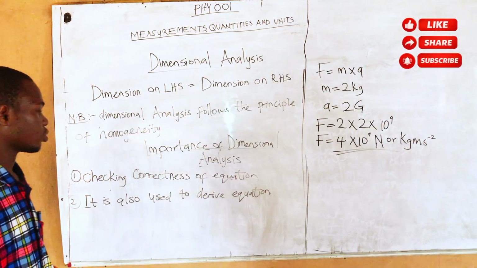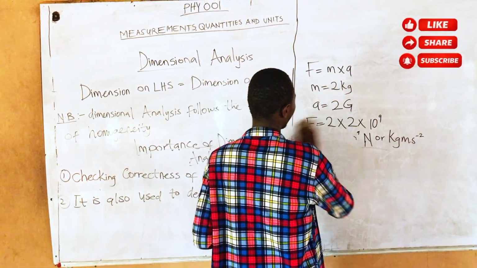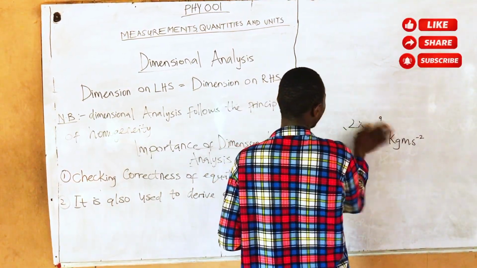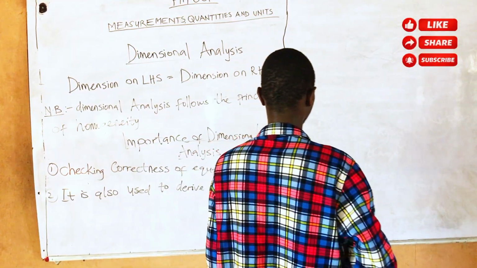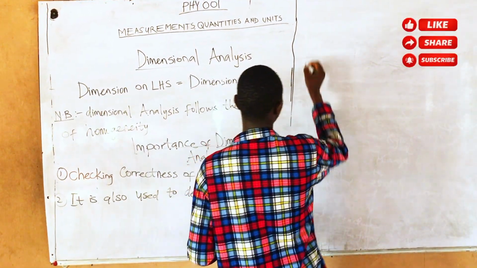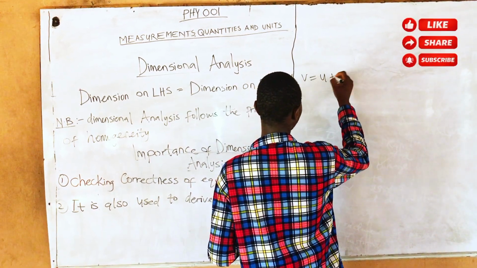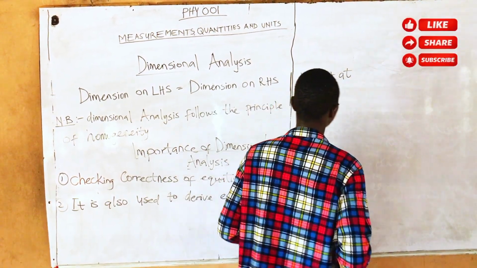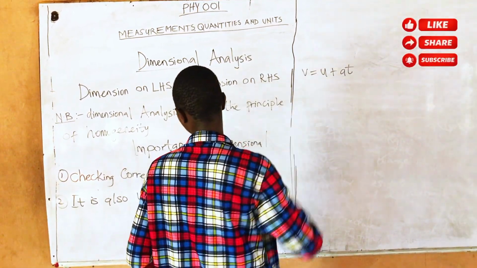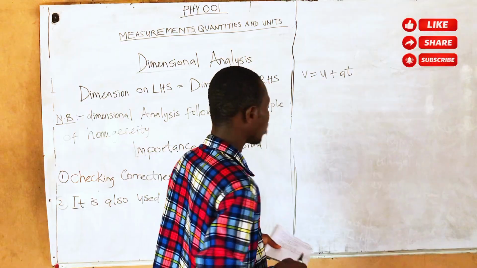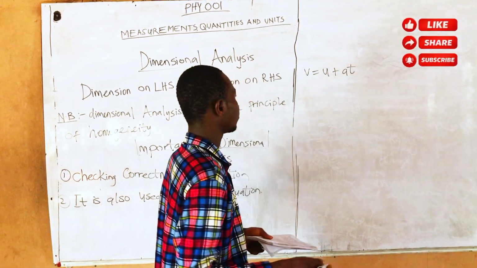It can be used to check the correctness of an equation. We all know that in the equations of motion we have v equals u plus at. If you want to confirm whether this equation is correct or is not correct, we are going to use what? Dimensional analysis.